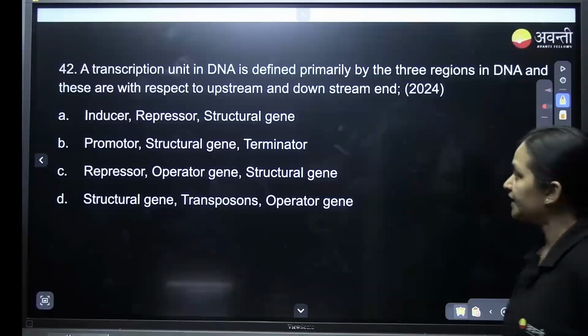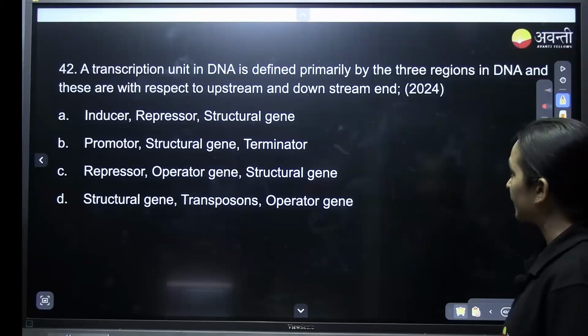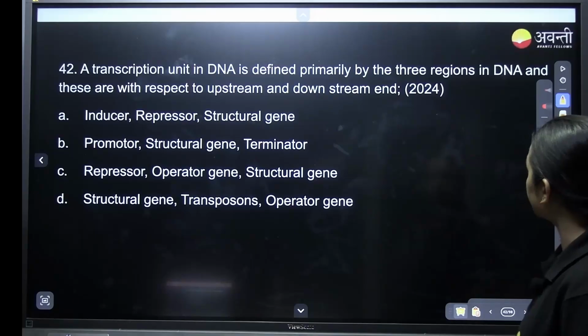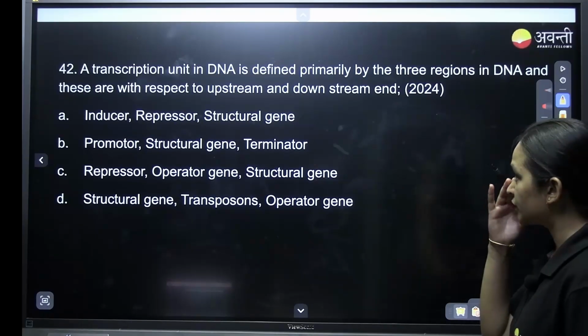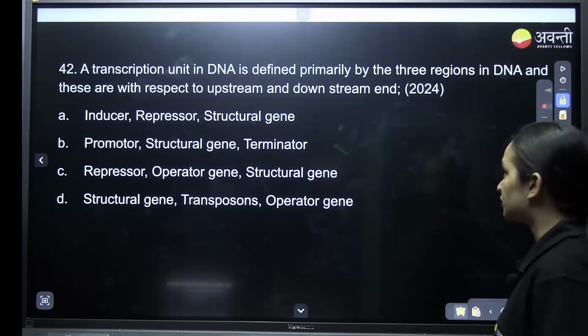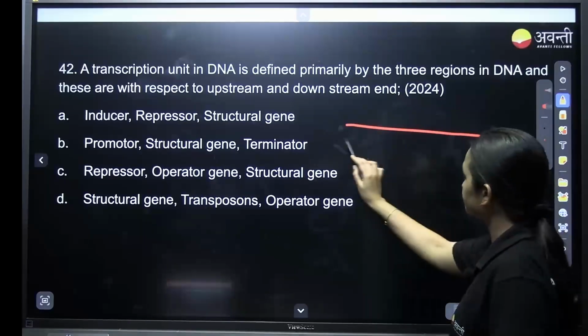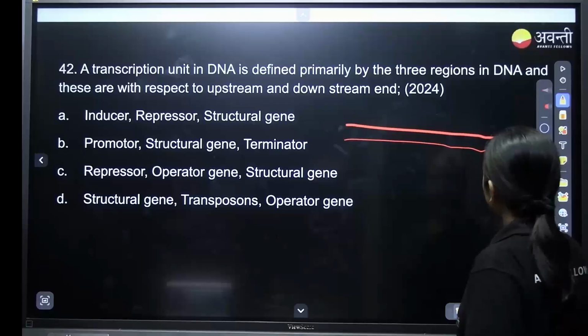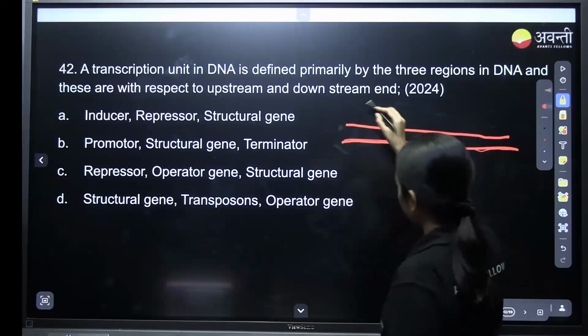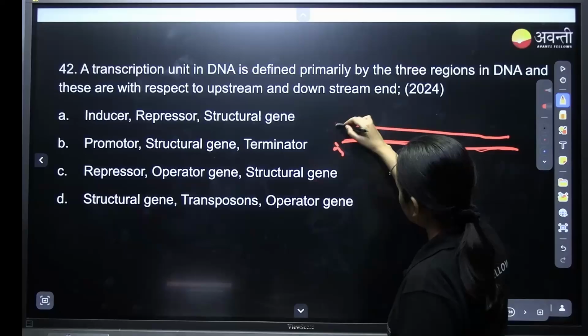The transcription unit in DNA is defined primarily by 3 regions in DNA, and these are with respect to upstream and downstream end. The first one is, if this is the structural gene, promoter, structural gene. Yes.